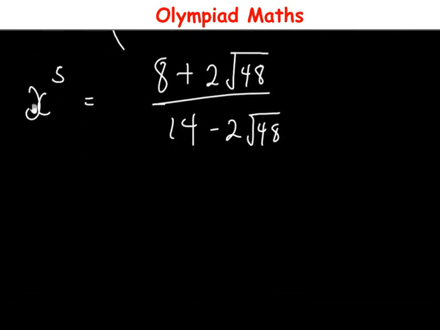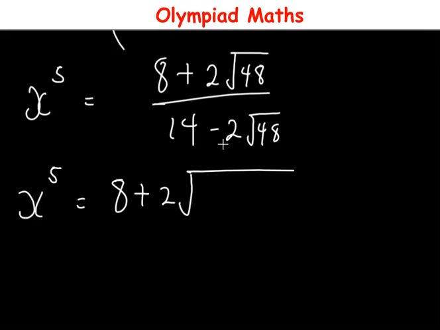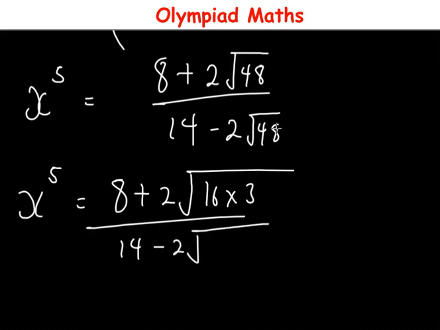And from here, we have x raised to power 5 is equal to 8 plus 2 times root 48, where root 48 can be written as root of 16 times 3, over 14 minus 2 times root 48, which can also be written as root of 16 times 3.